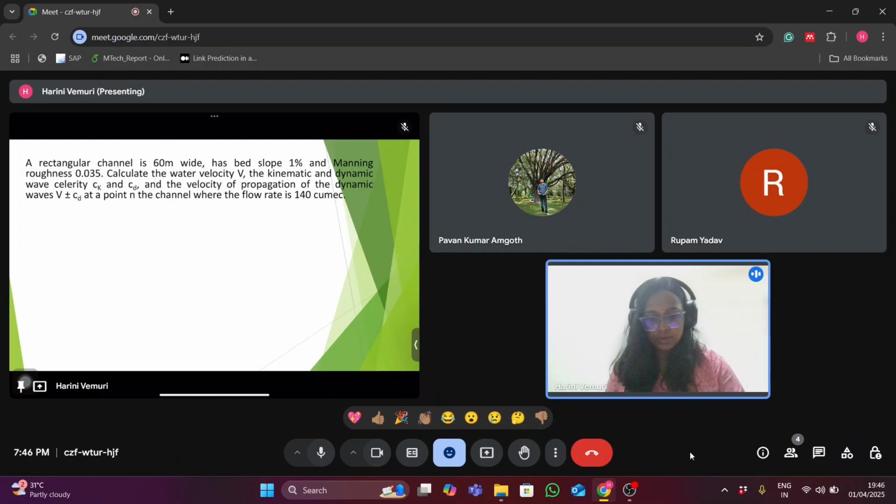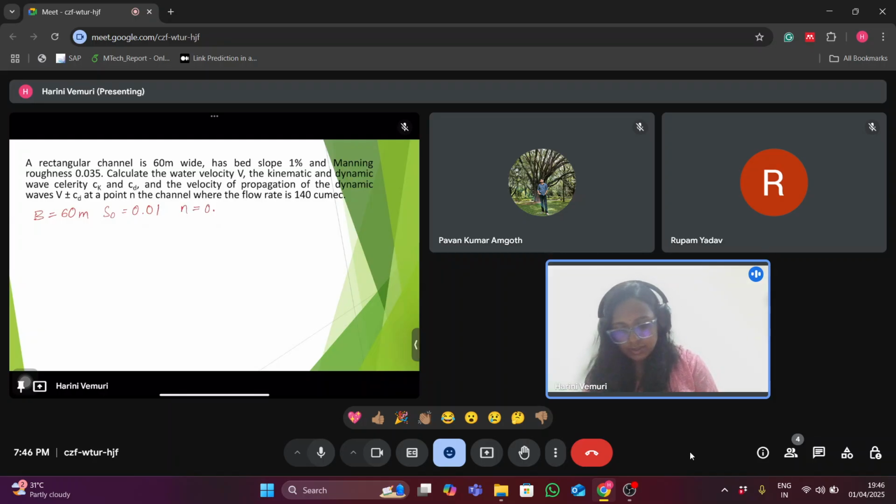So here, the next question is, they are saying that it's a rectangular channel with width 60 meters and S naught is given as 0.001, 0.1%, and Manning's coefficient is 0.035. And Q is equal to 140 meter cube per second, which is equal to V into A. So for wide channels, we know R equal to Y and A equal to BY.